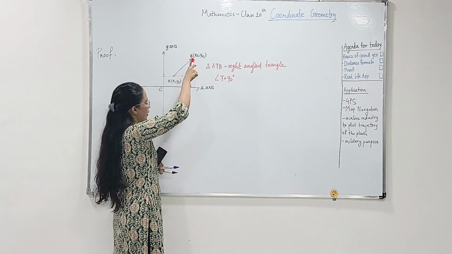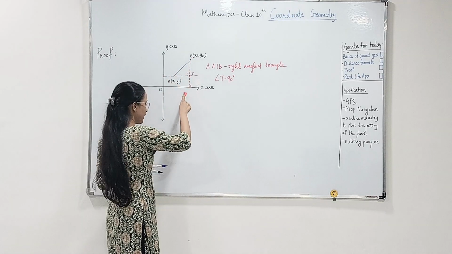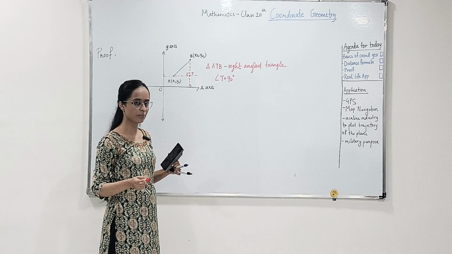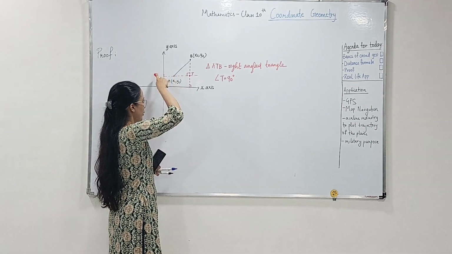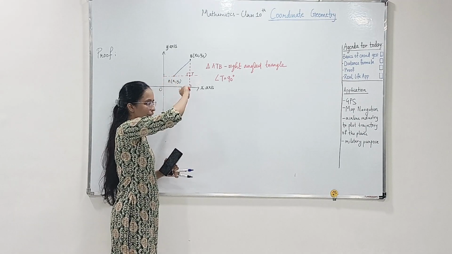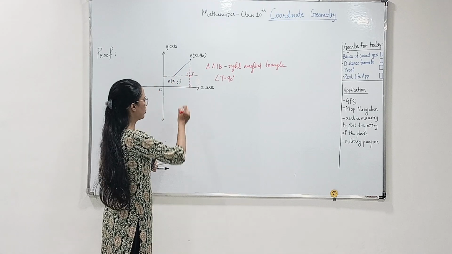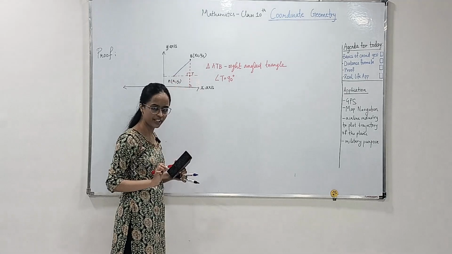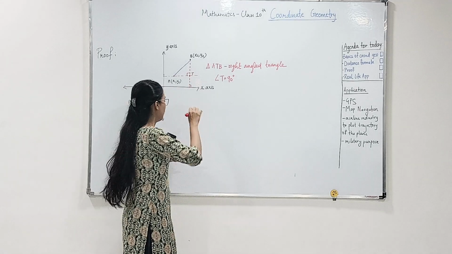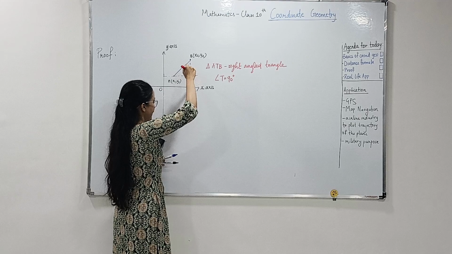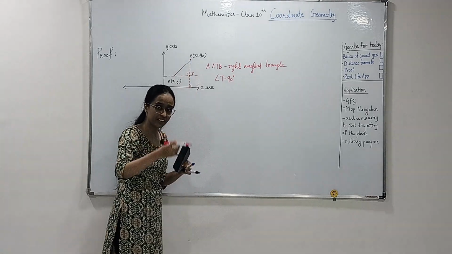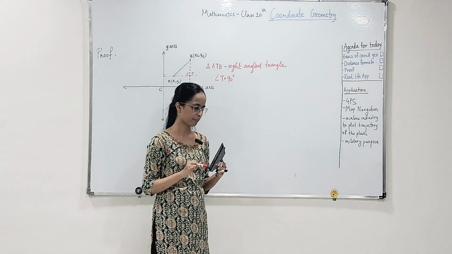Because we have dropped a perpendicular from point B on the x-axis and it's parallel to y-axis. Similarly, we have dropped a perpendicular from point A on the y-axis parallel to x-axis and we have extended it towards its right. Okay, so both these lines meet each other at point T, and that is how we are getting a right angle triangle ATB, which is right angled at point T.